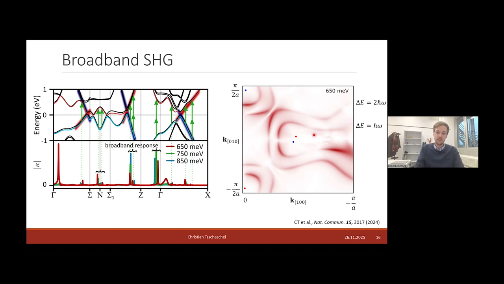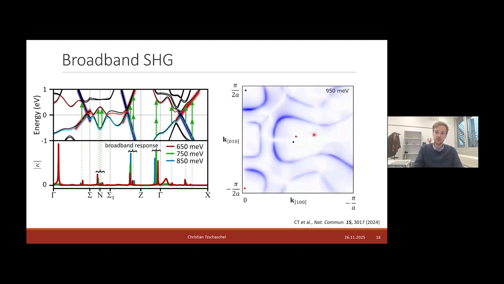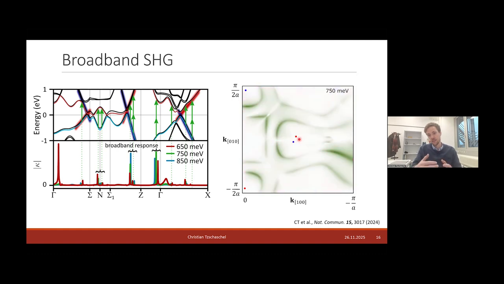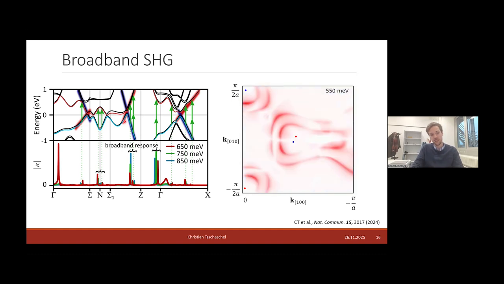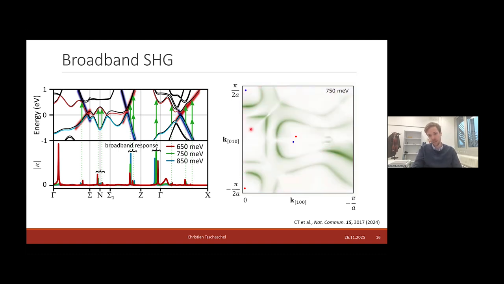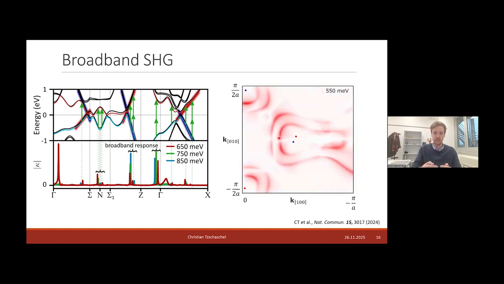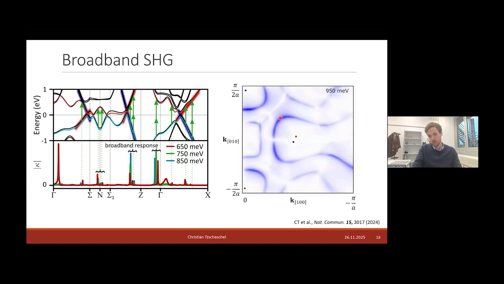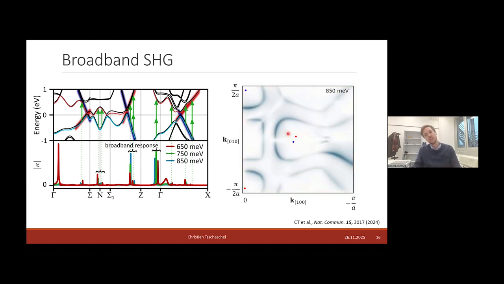Now if we vary the photon energy, we can see that with increasing photon energy, the lines move away from the Weyl points. But this is exactly due to the linearly dispersive nature of the electronic bands near the Weyl points. One can even check that the distance between the contributing states and the Weyl points increases roughly linearly with photon energy.